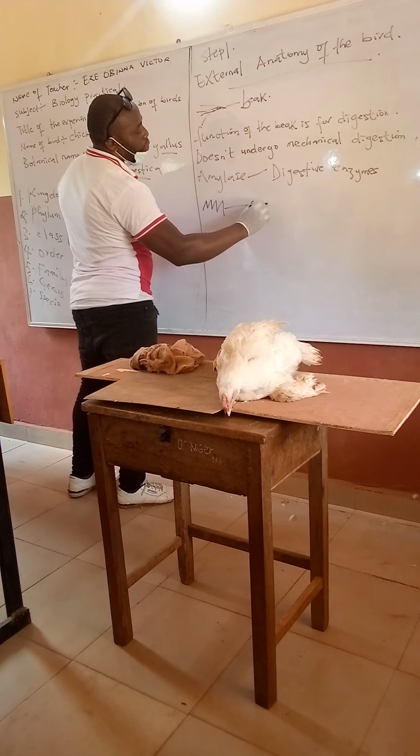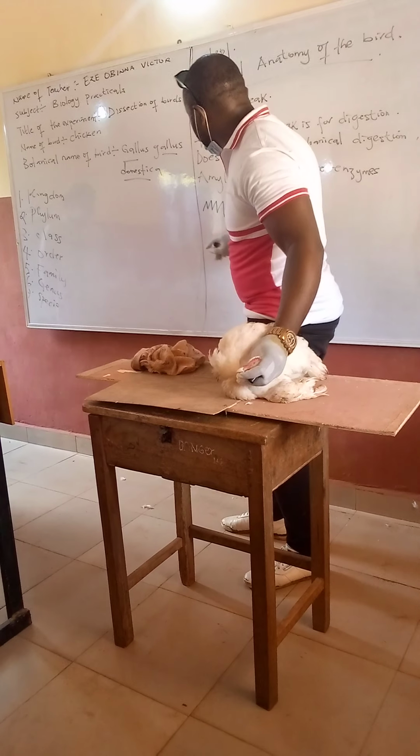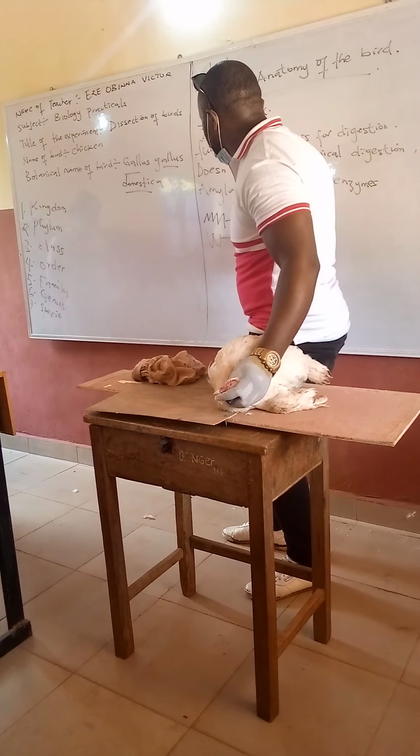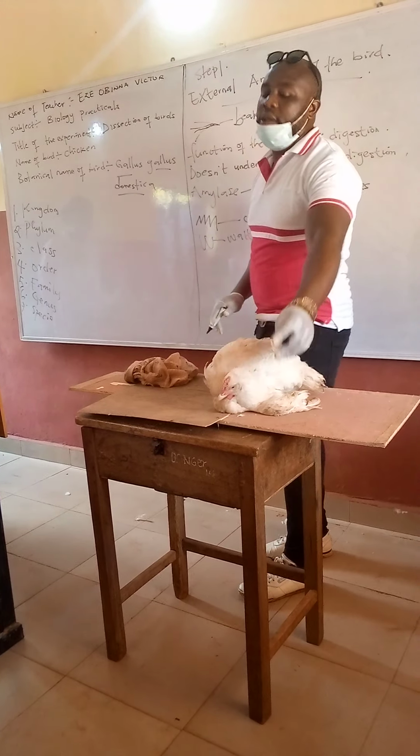It's called the comb. And this one here, the diagram like this, is the wattle.